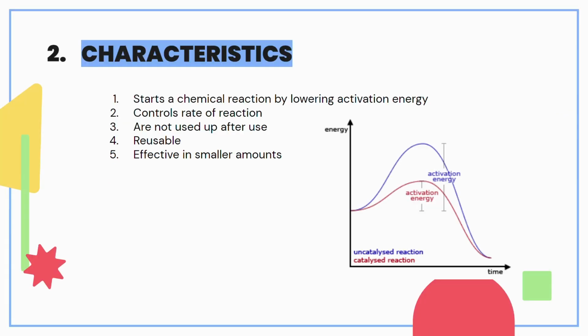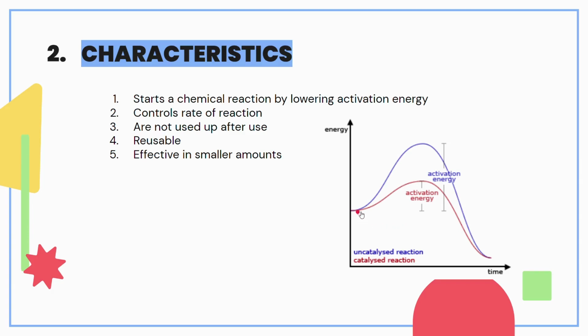Here are some characteristics of enzymes. They start chemical reactions by lowering the activation energy needed. Here you can see that happening where the uncatalyzed reaction, or in this case it's talking about catalase, which is an enzyme found in your body and it breaks down hydrogen peroxide.